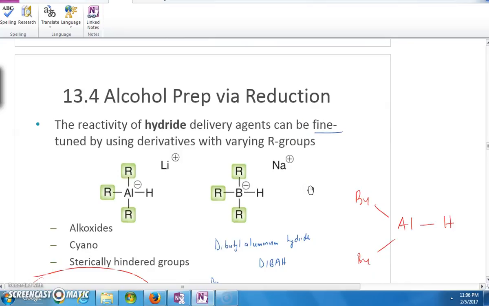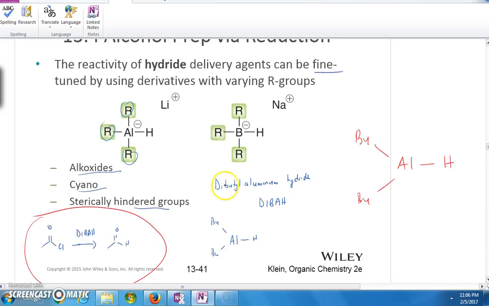Now, the reactivity of hydride delivery agents can be fine-tuned by using derivatives with varying R and H groups. So you can simply replace some of the hydrogens with R groups or alkyl groups, or other groups like alkoxide, cyano groups, or sterically hindered groups. An example of that is dibutyl aluminum hydride, or DIBAL.